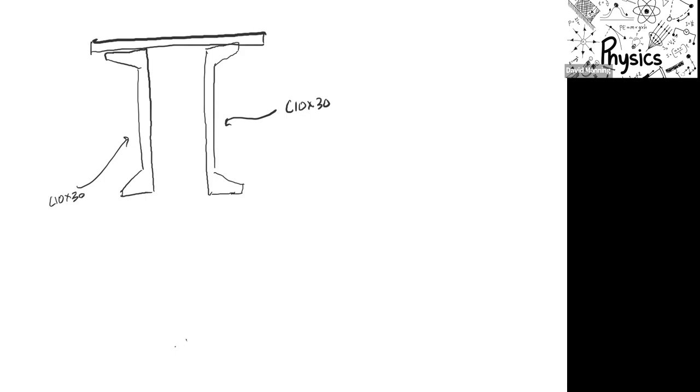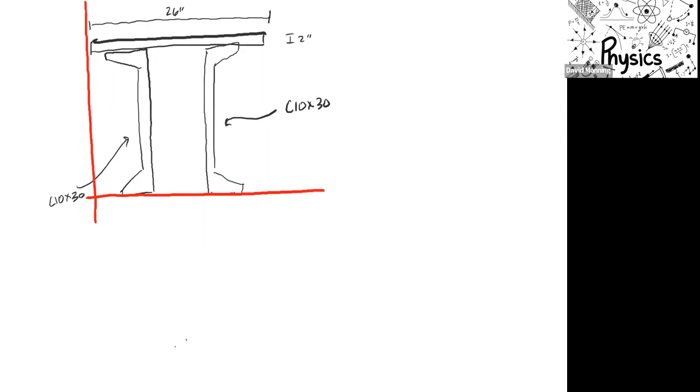I don't know how big it is, so let's go with 26 inches and 2 inches thick. Assuming that this is all straight up here, we want to find X bar and Y bar of this system.